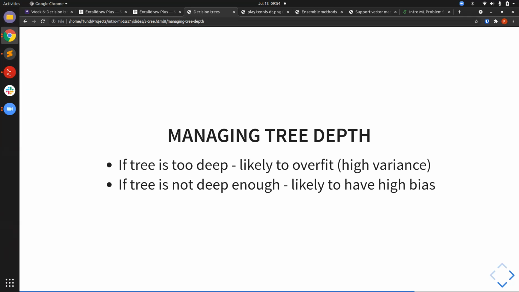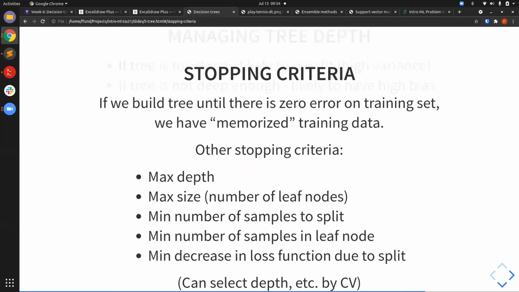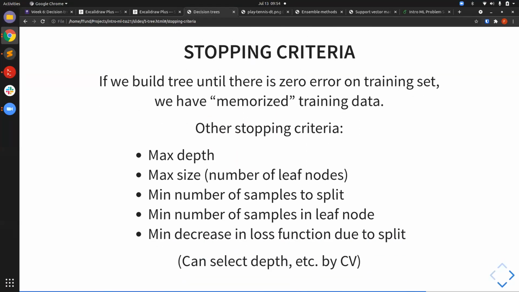So how do we control this? Well, one option is stopping criteria. If you build a tree until there's zero error on the training set, you'll overfit. So you could select in advance some stopping criteria like the maximum depth, the maximum size of the tree, the minimum number of samples in a particular node in order to be eligible to split it, the minimum number of samples that you can have after a split.